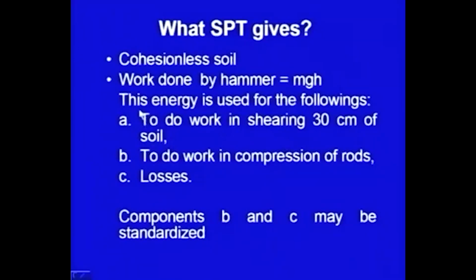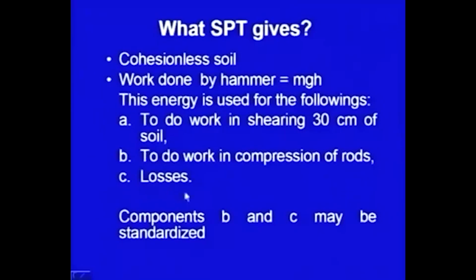So, that component comes from here, and not only that, the second component is the work done in compression of rods. The rods are made of steel, and they will have some Young's modulus of elasticity, so there will be some compression. You can find out the compression and the work done in compressing these rods.